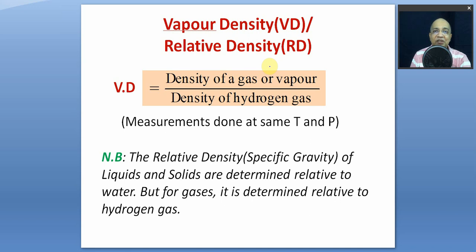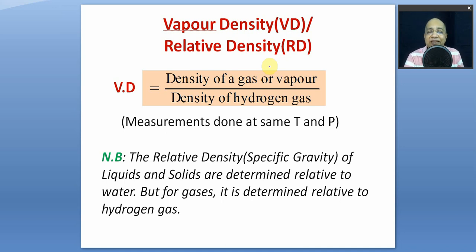Since the density of water is 1 gram per cc, the specific gravity is merely the numerical value of density in CGS unit, gram per cm3. Right? So specific gravity is the same as relative density for liquids and solids. So the absolute density is compared with water.